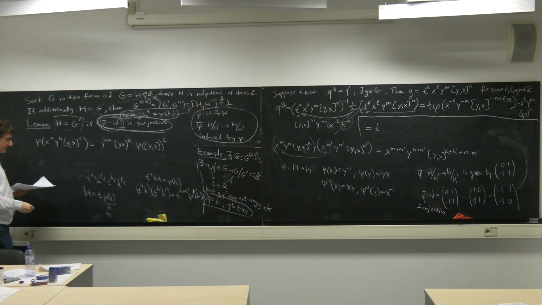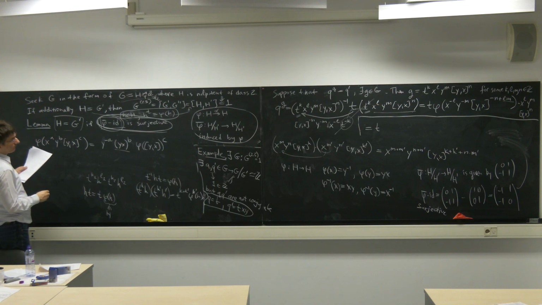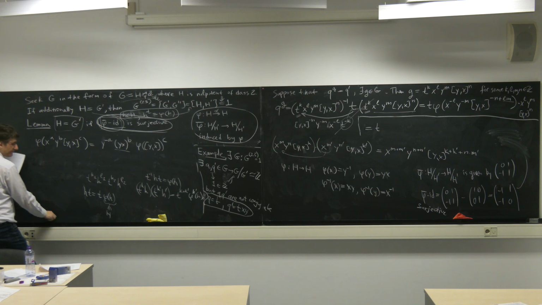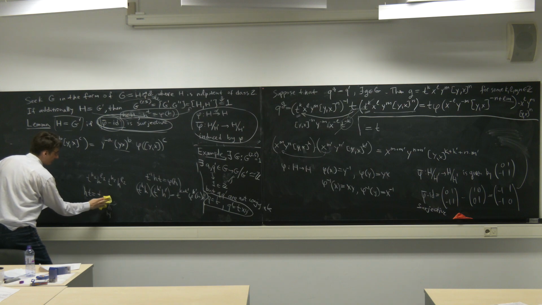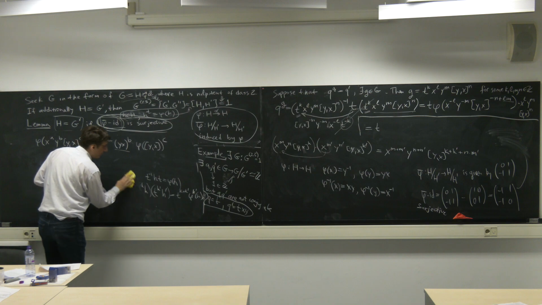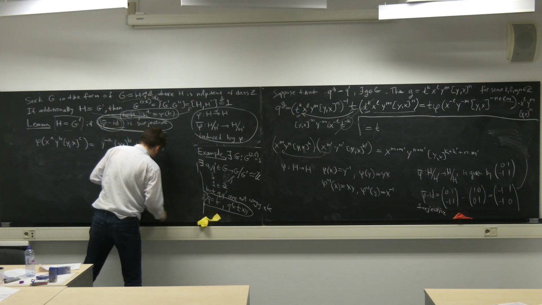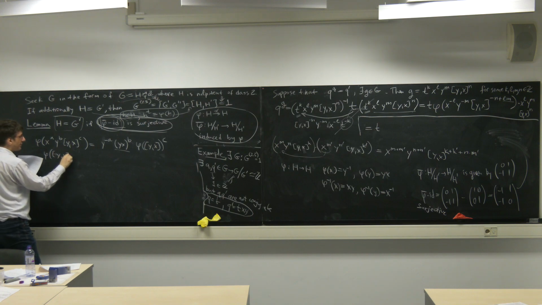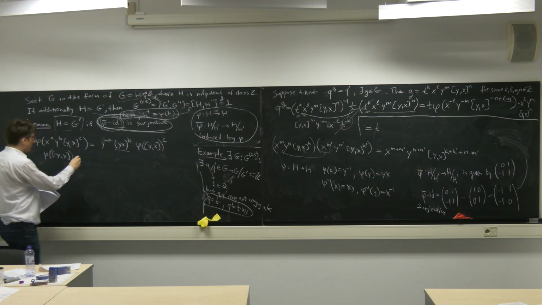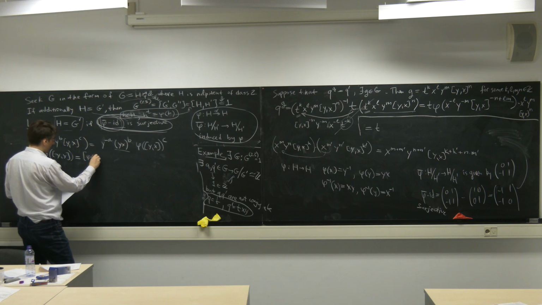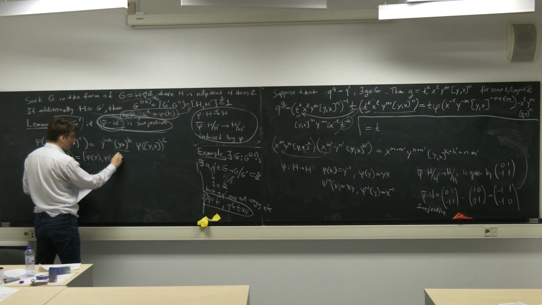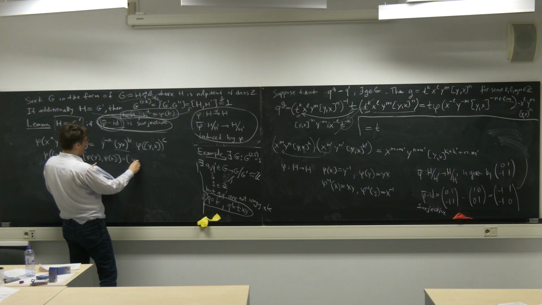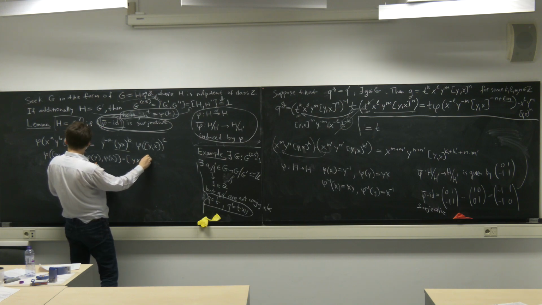Now what is phi of yx? Well, let's see. So phi of yx equals the commutator of phi of y and phi of x, which is, I think, the commutator of yx and x in y inverse.